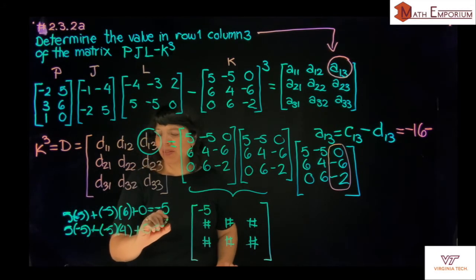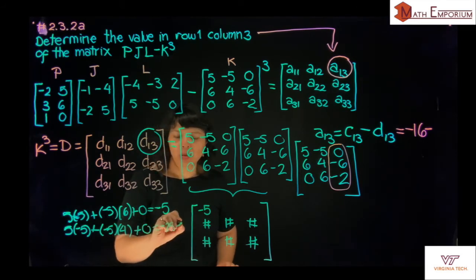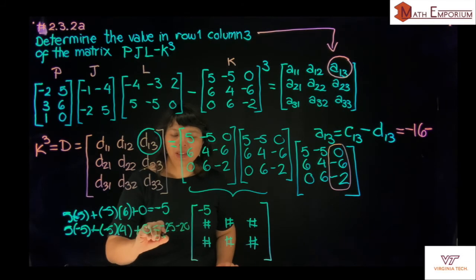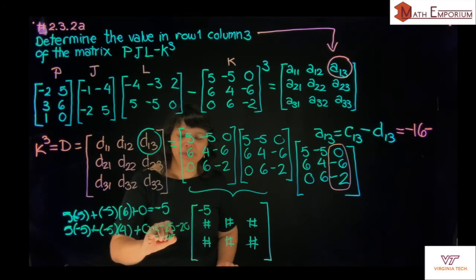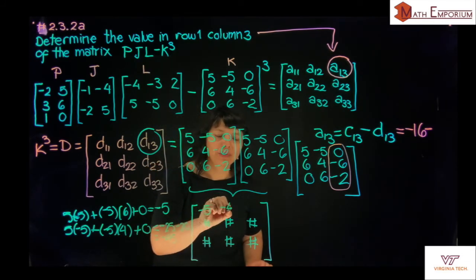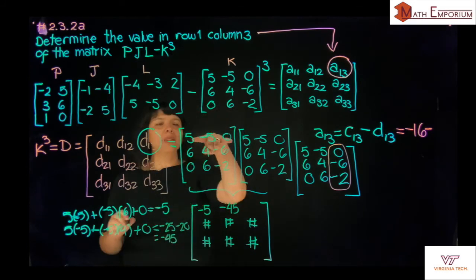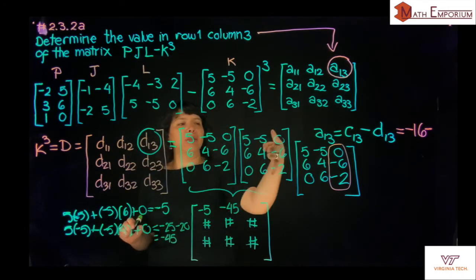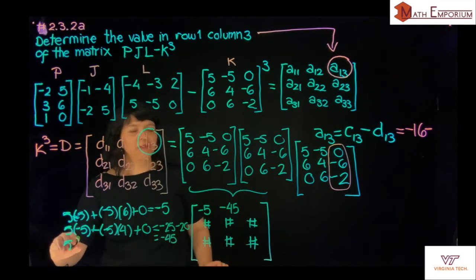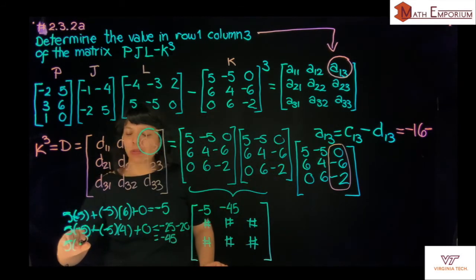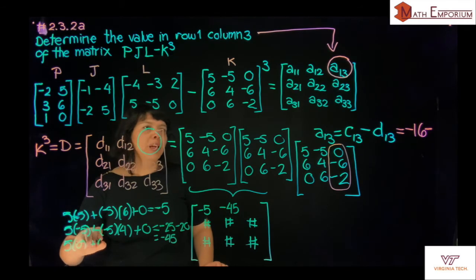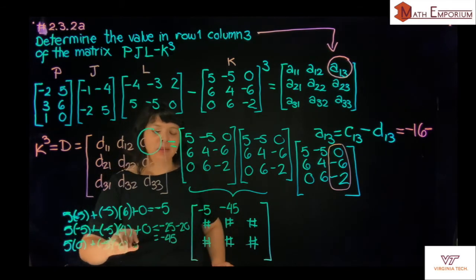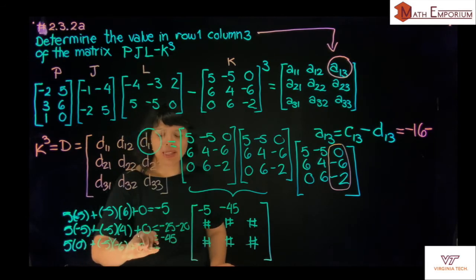So negative 25 minus 20 gives me negative 45. And that goes here. Finally, I'm going to compute this number, combining this with this. So it's going to be 5 times 0 plus negative 5 times negative 6 and then plus 0. So that gives me 30.